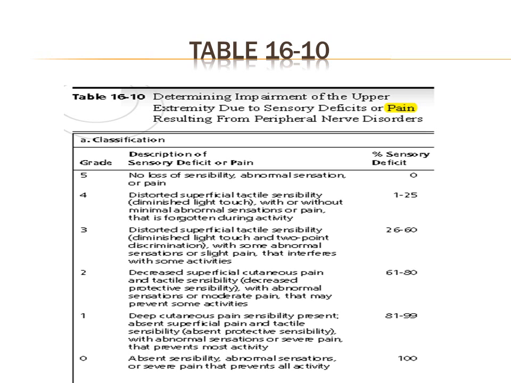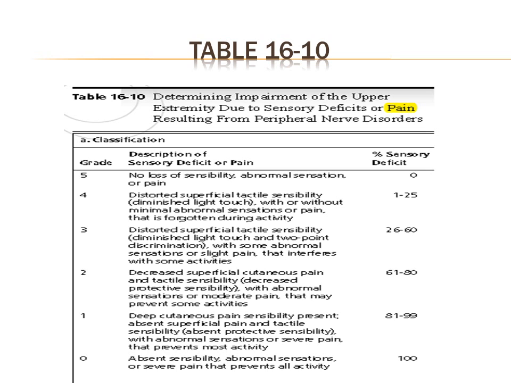A pain grading of 3 is defined as diminished light touch and diminished 2-point discrimination. And as I said, we do not perform 2-point discrimination testing in the lower extremities. This is out of the upper extremity chapter, so we disregard that part of the definition.